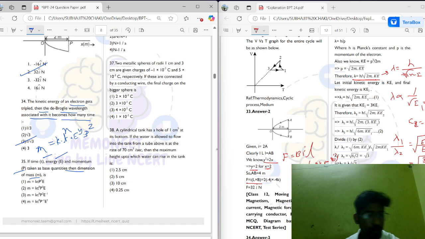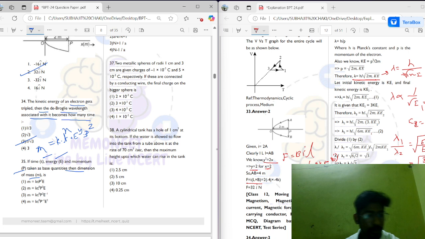So v equals c by mu. C is 3 into 10 to the power 8 and mu is root 3, so v equals 3 into 10 to the power 8 divided by root 3, that is root 3 into 10 to the power 8, which will be our answer.